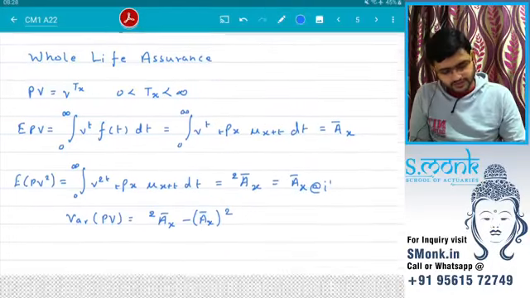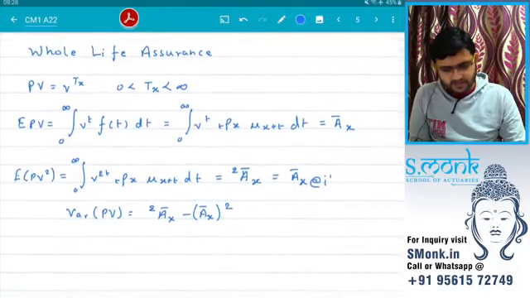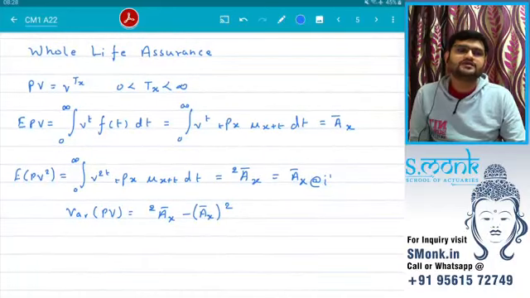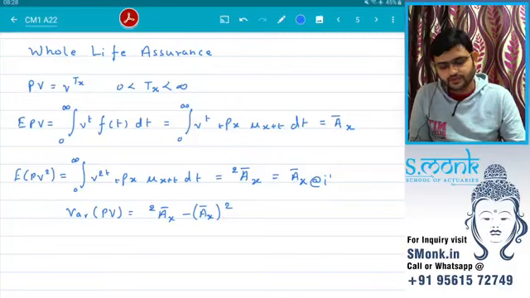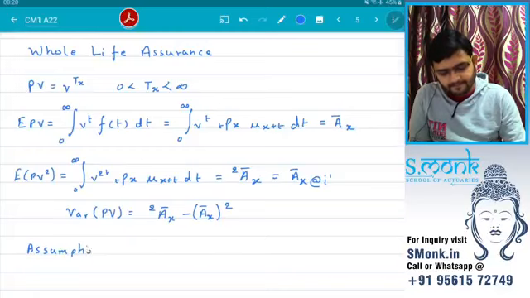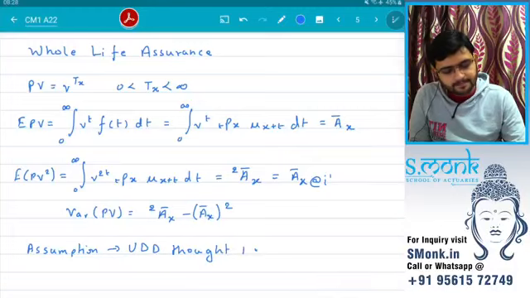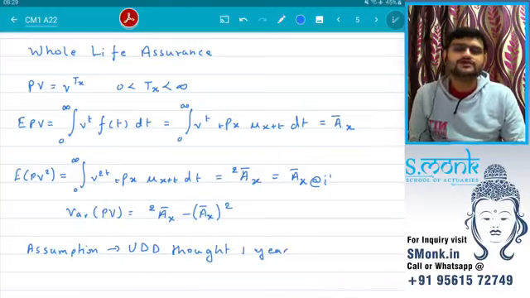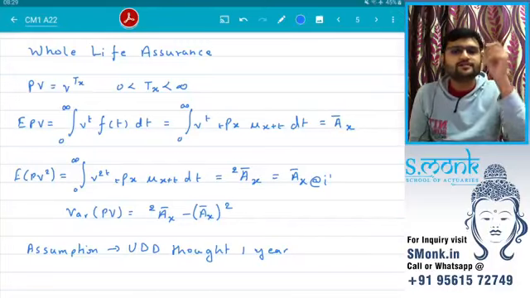So we say, if we assume a uniform distribution of death throughout the year, then we can assume that all of the payments are, on average, paid in the middle of the year.